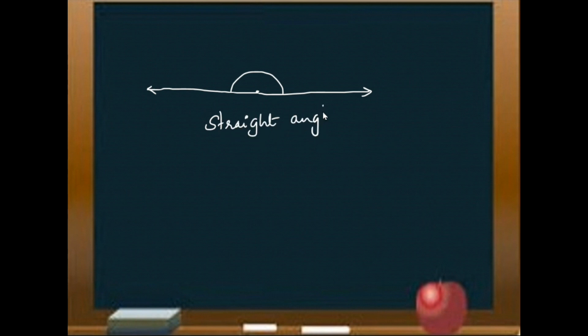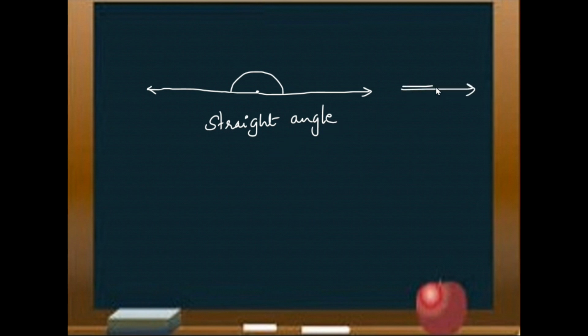So when your first ray and the second ray fall on opposite sides of each other, this particular angle is called a straight angle. Okay, so what has happened?